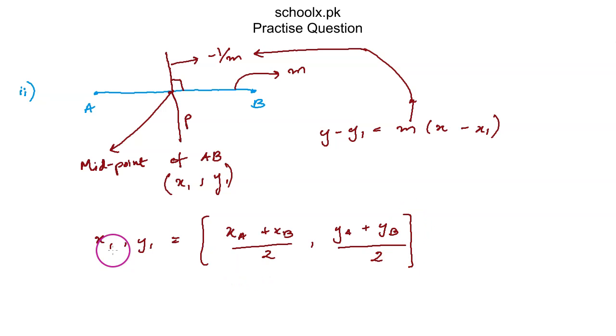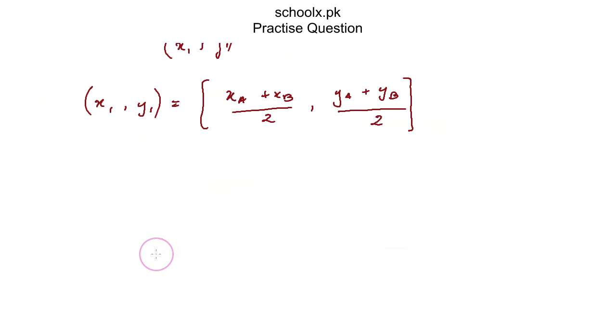Now A is (-3k - 1, k + 3) and B is (k + 3, 3k + 5). Let's plug in these values.